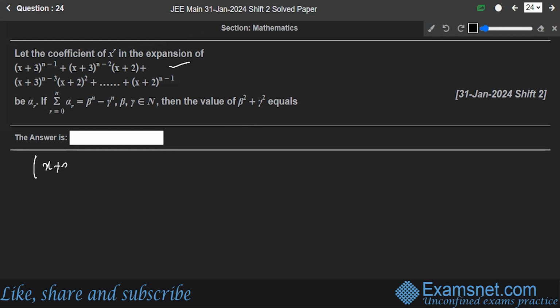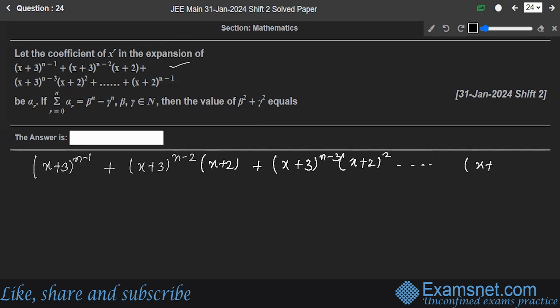This is given as (x+3)^(n-1) + (x+3)^(n-2)(x+2) + (x+3)^(n-3)(x+2)^2, and so on till (x+2)^(n-1). I'll be taking (x+3)^(n-1) common.